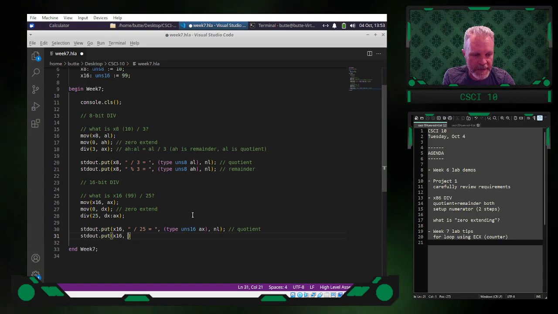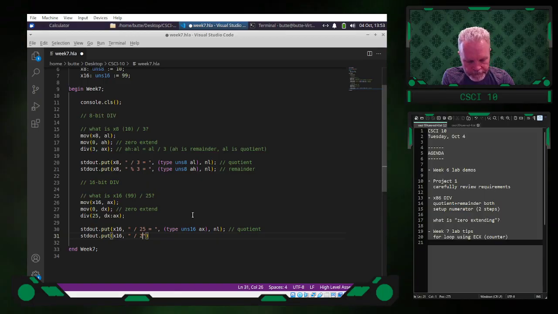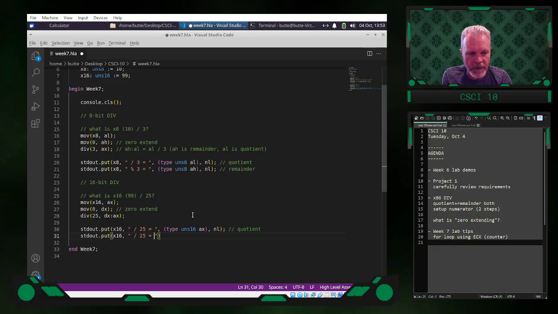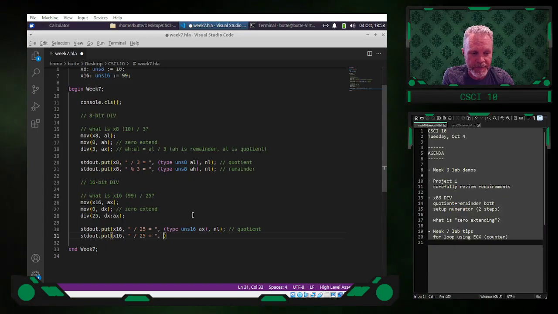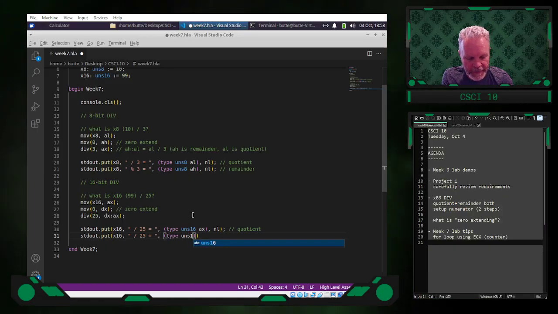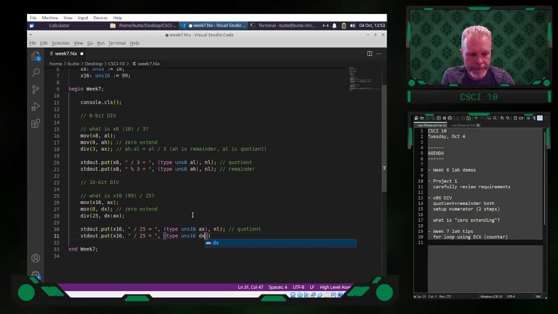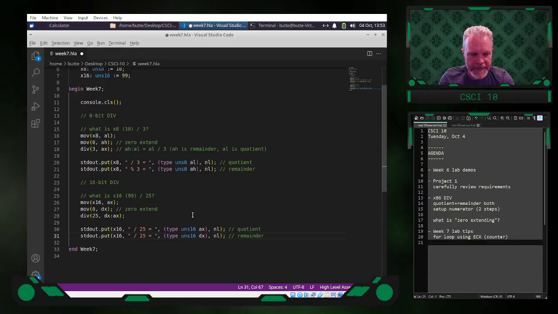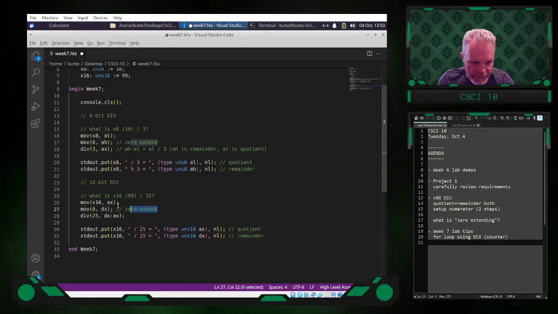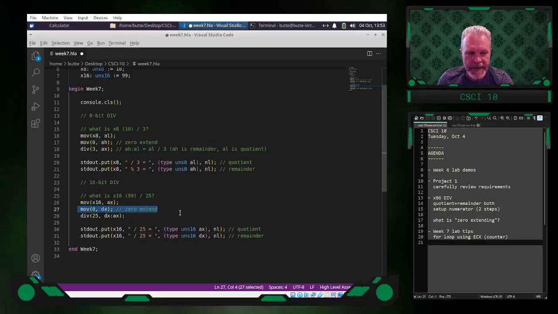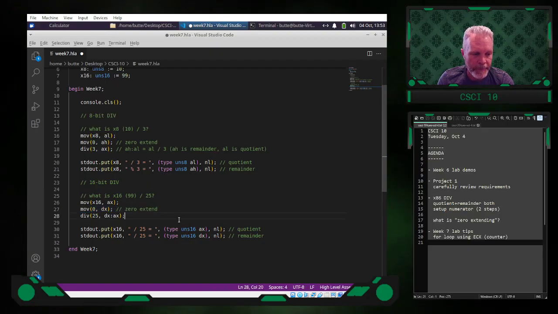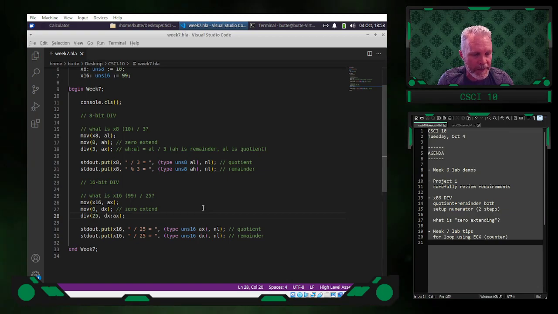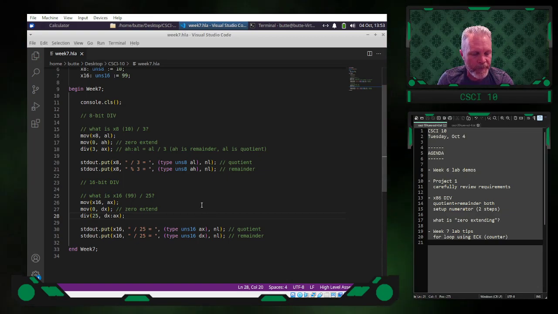You have no choice in the matter. So multiplication and division are much less flexible and much less forgiving than addition and subtraction. DX is the remainder. You have to do this extra zero extending step. You have to. If you don't, you will not get correct results, at least not much of the time.